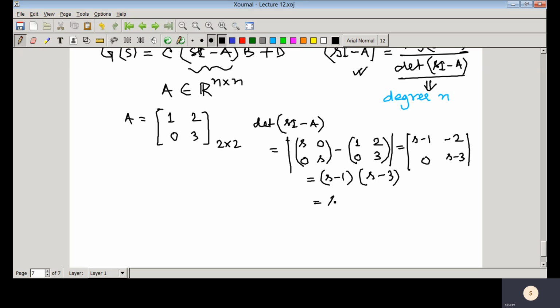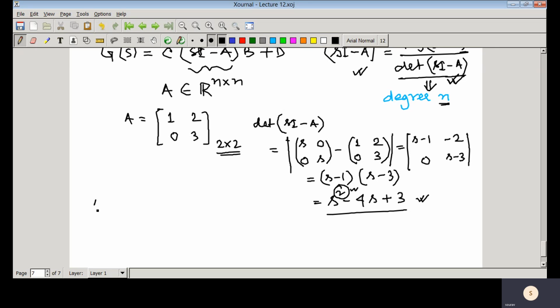If you multiply that, it would be s square minus 4s plus 3. So the degree of this polynomial is 2. If you have an n cross n matrix, its degree would be equal to n. Here your matrix is 2 cross 2, that's why its degree is coming 2.